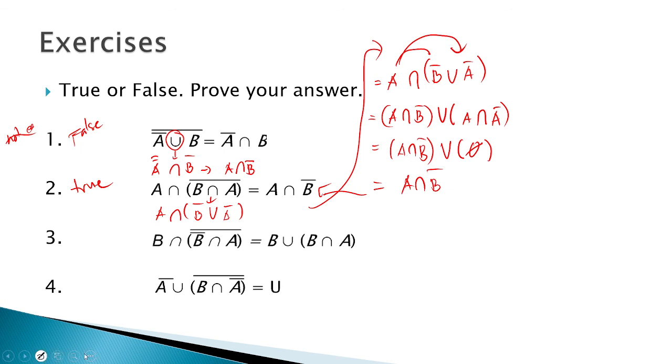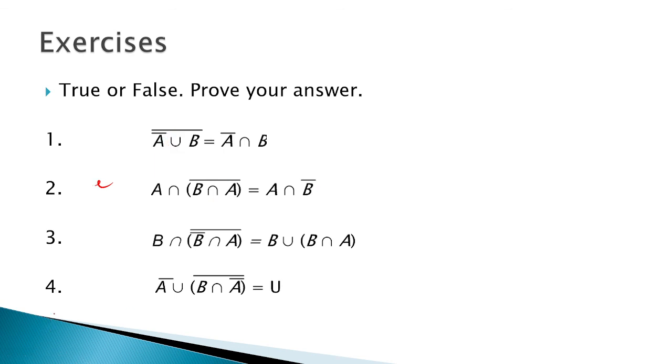Next, number 3. Now for number 3, we have B intersection complement of B bar intersection A. Equal daw ba sila sa B union B intersection A? So how do we solve this? O ganun lang din, gawin lang natin yung ginawa natin kanina.